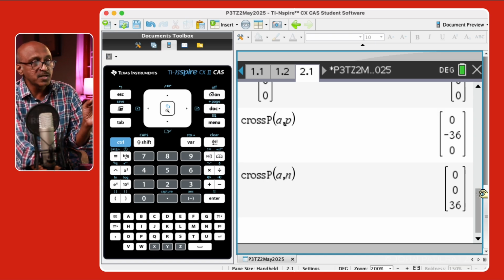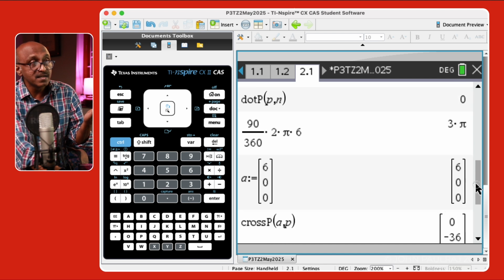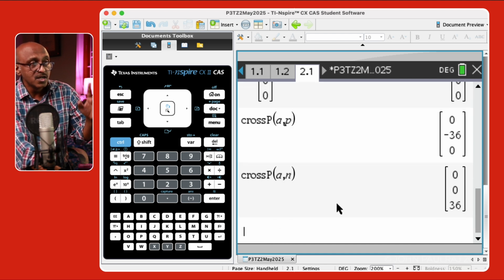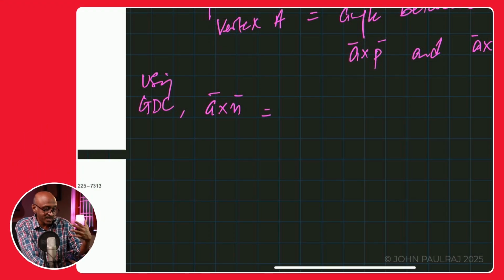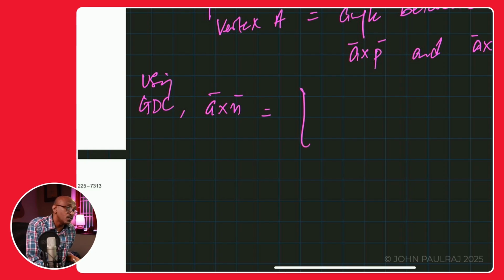You can recall it, and that's also the beauty of defining things, keeping them on the same page. 0036 is the vector A bar cross N bar. The more I say A bar cross N bar, the more I know that I must write A bar cross N bar. So this is 0036.